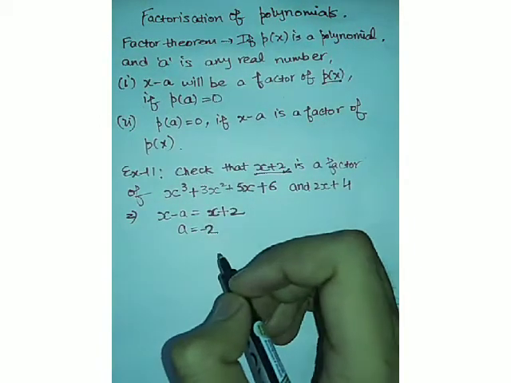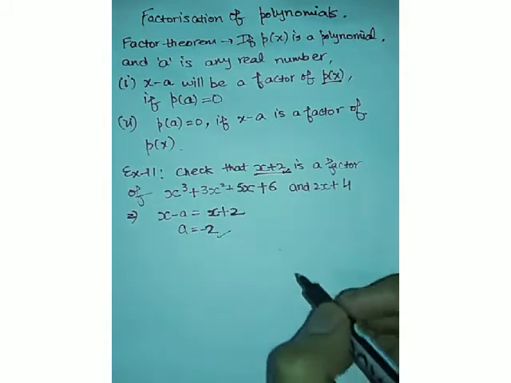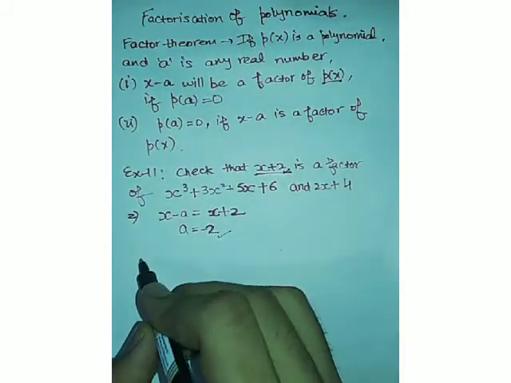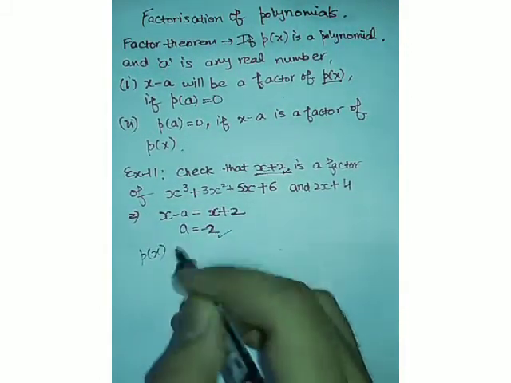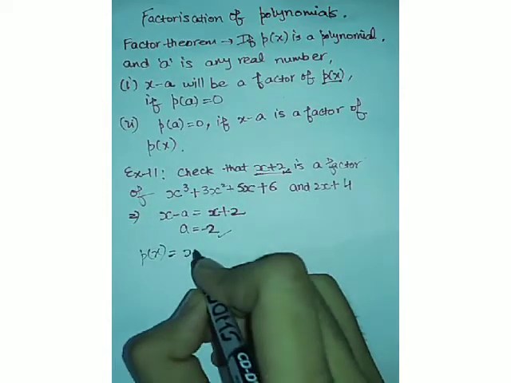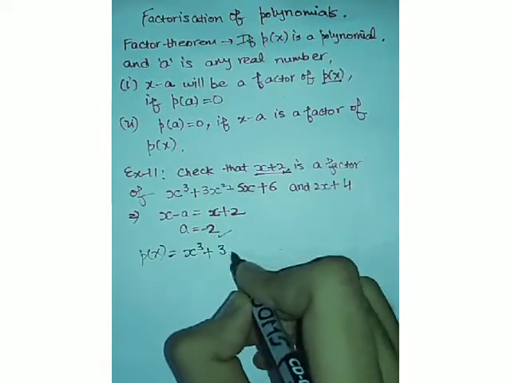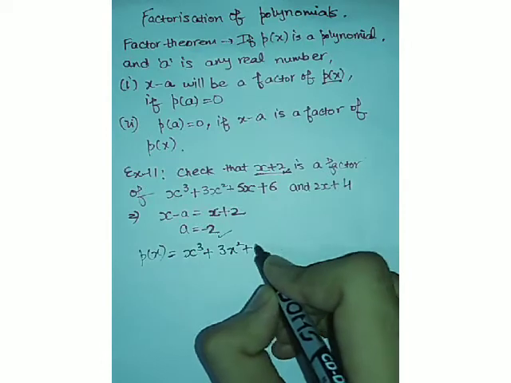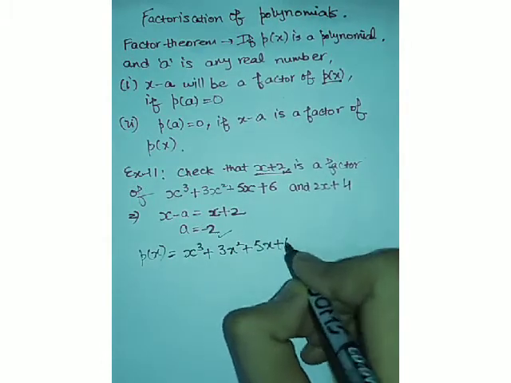Now as you can see, the value of a is minus 2. Firstly take this polynomial, let P(x) be equal to x cube plus 3x square plus 5x plus 6.